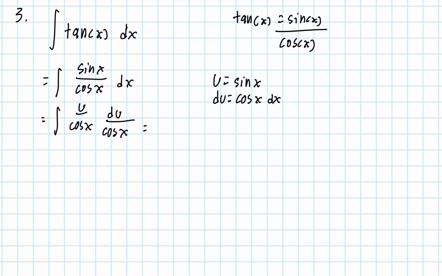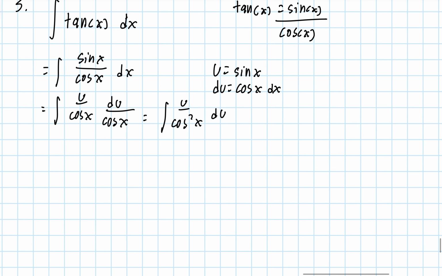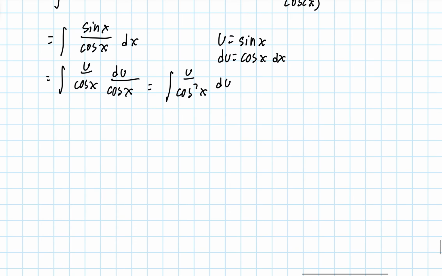And then from here, you get u over cosine squared x du. If you're advanced enough, I think you're able to integrate this and still get the same answer. However, I'm not that advanced in mathematics, and so I cannot tell you what that integral is, which is why you should be very careful when choosing u.